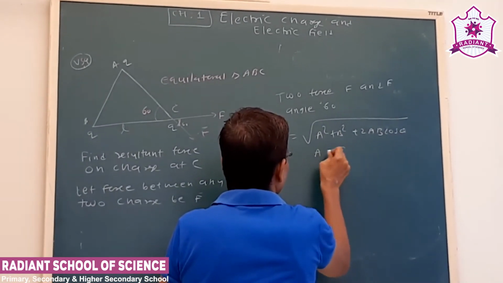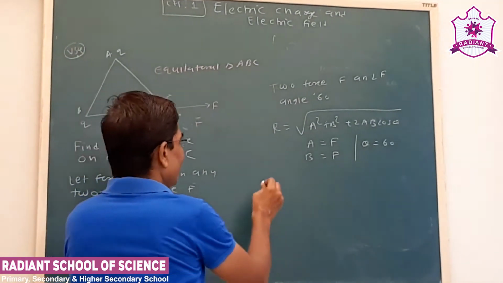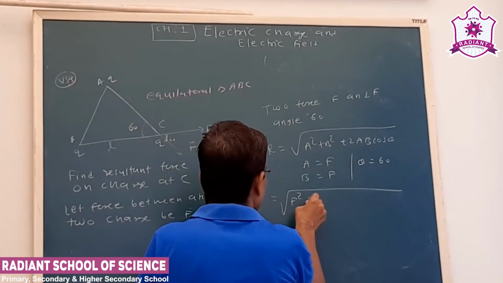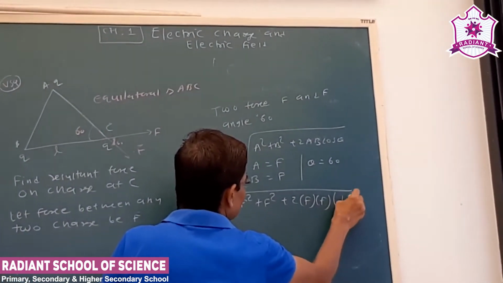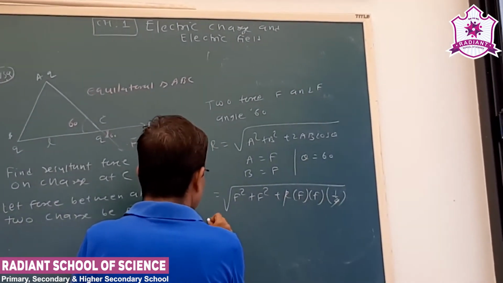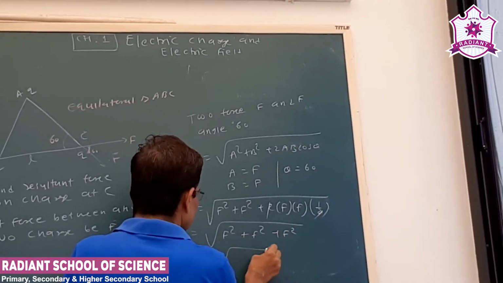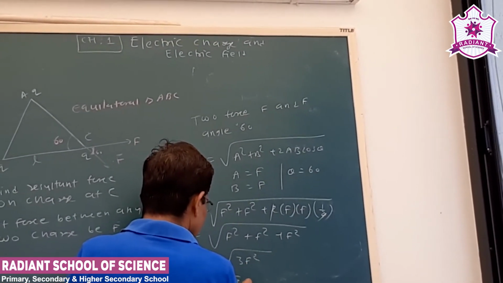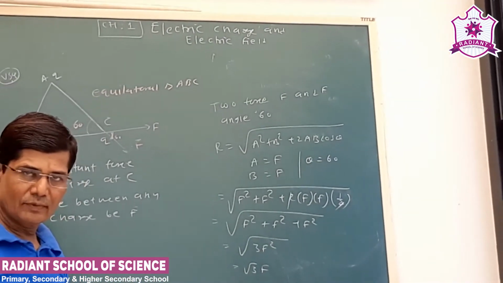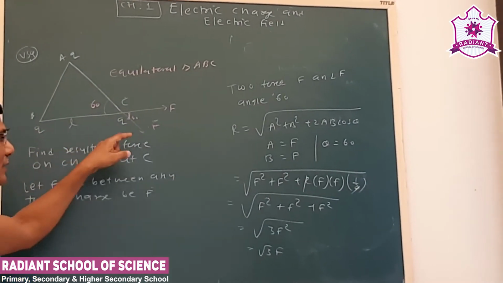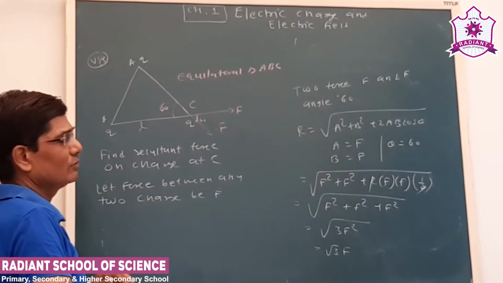Here A is F, B is also F, theta is 60. Okay, so we can write F square plus F square plus 2F square cos 60, where cos 60 is 1 by 2. Now this will get cancelled. Okay, see, this is how we can find the resultant force. Now, this is a simple example. If two forces are given and the angle between them is given, we can find the resultant force.